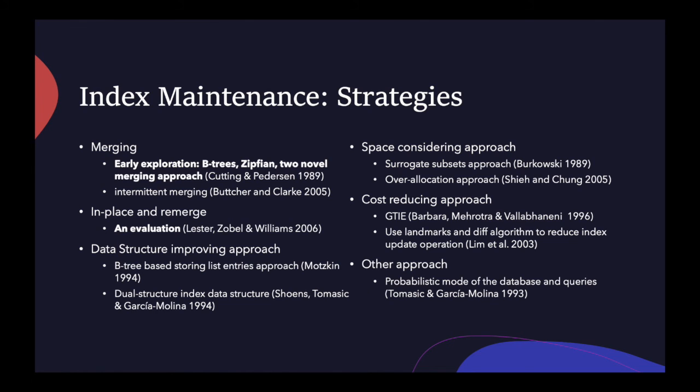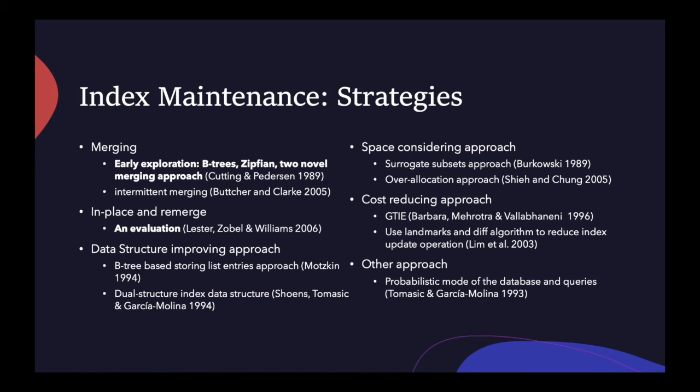There is a critical evaluation research. Lester, Zobel, and Williams experimentally evaluate different strategies for index maintenance, including in-place and remerge, in the process of insertion under the requirement that inverted lists remain contiguous on disk for fast query evaluation.